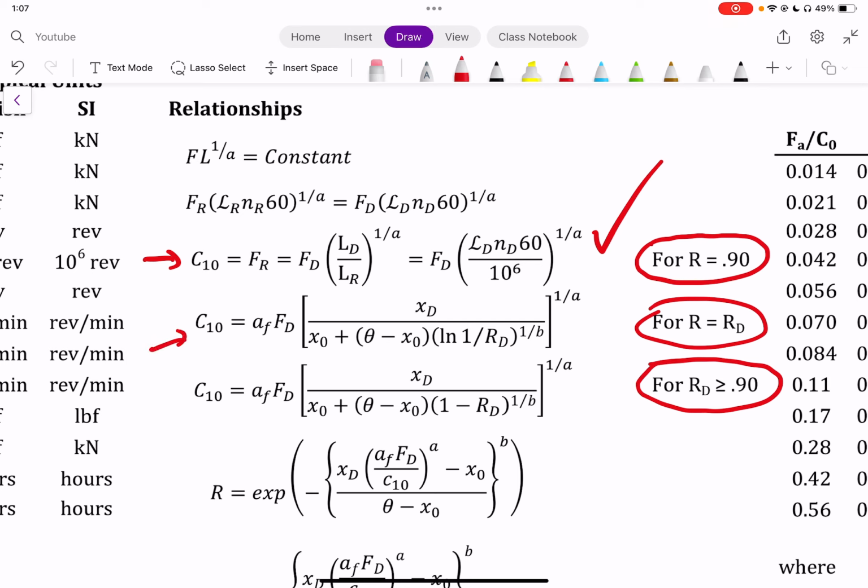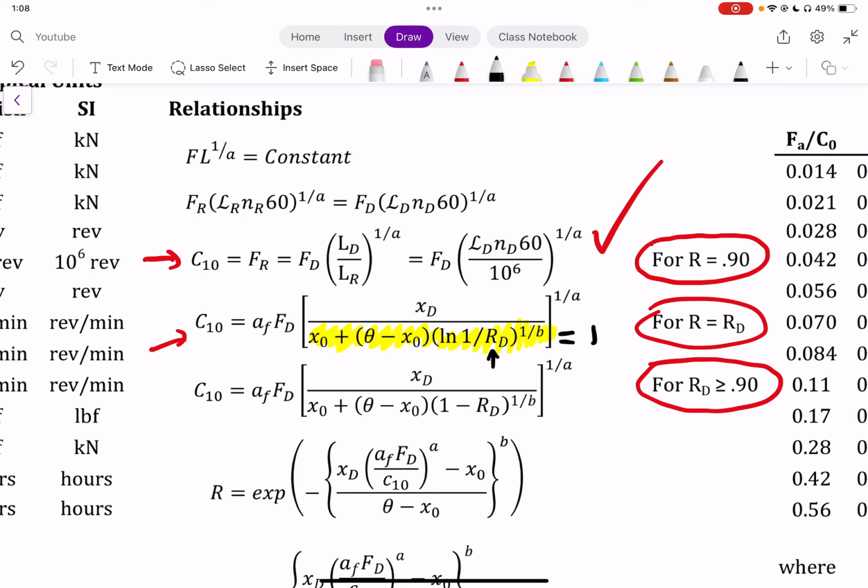Okay, why is it that those two equations can be used for 0.9? Well, it's possible because this part of the term, and I'll highlight it in yellow, this whole part here, when you use 0.9 in here, is approximately equal to 1. So it simplifies to just XD.